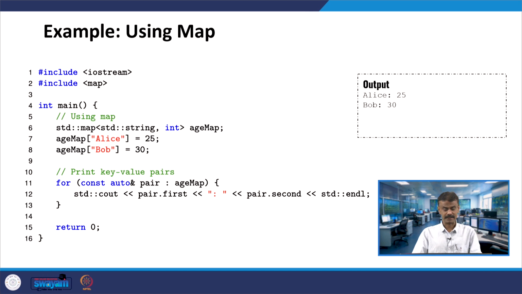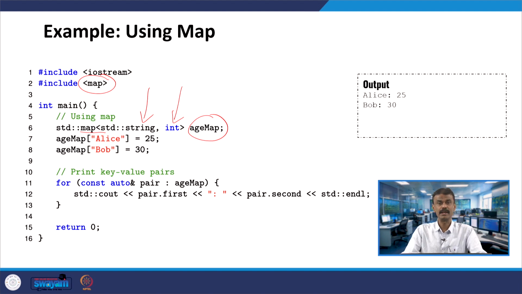Let us consider using map. That means I am including map apart from your usual iostream. Here I have age map as an object whose class is map. The map contains string and integer. Previously, we had seen only one data type, in set and multi-set.